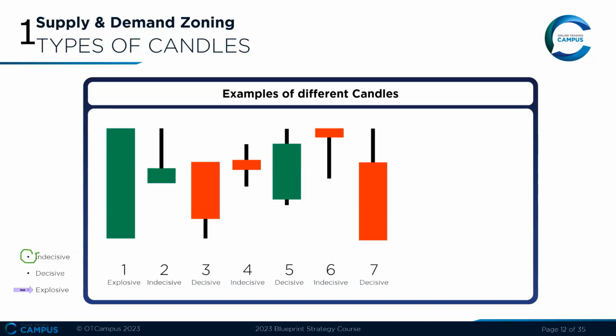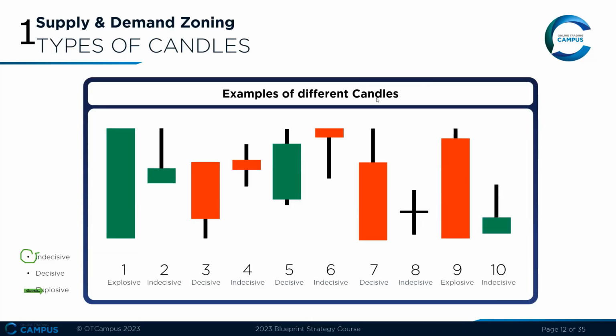I do want you to eyeball the candles, and most of the time, the difference between an indecisive versus a decisive or explosive candle should be very clear. So next, what about this one? That's a weird looking, oddly shaped candle. Indecisive. Yes. What about this one? Explosive. Yes. And this one again is indecisive.